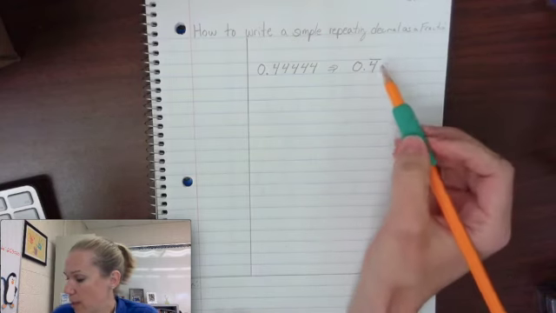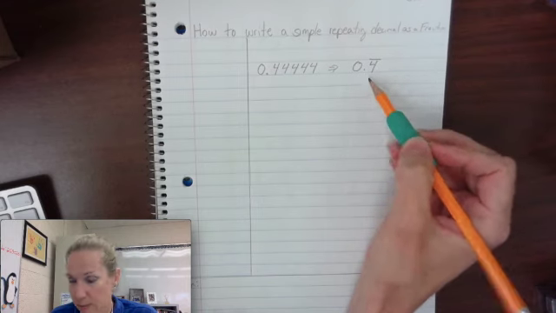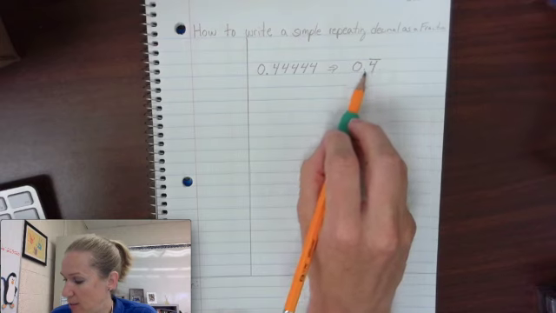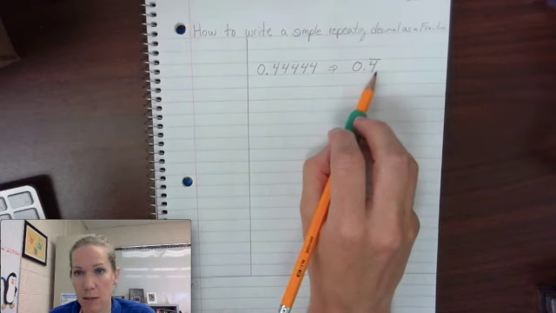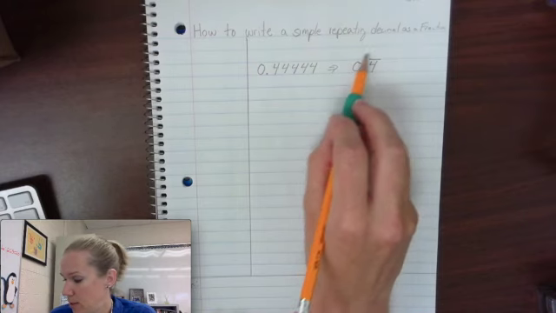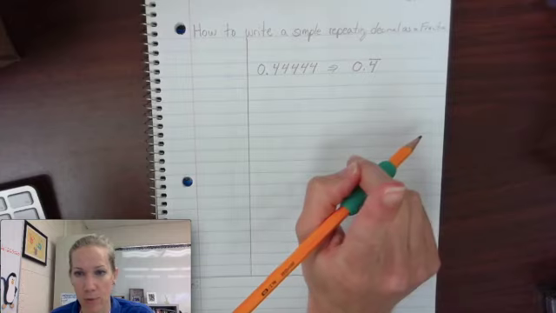When we are looking at a decimal that repeats, you need to count how many spaces there are that are repeating. So in this case, this is just 4 repeating over and over again. So that's just one number that's repeating.